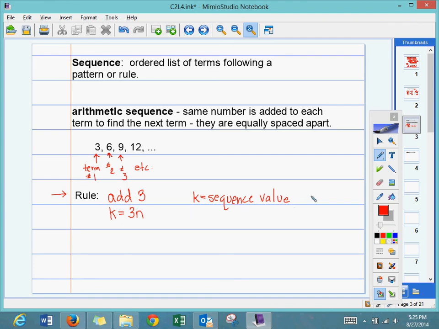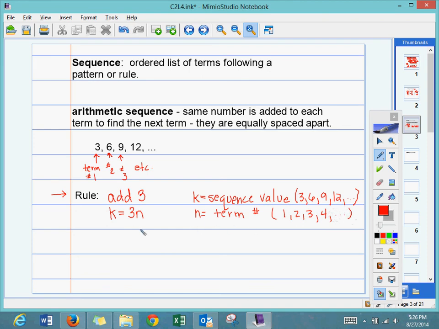That's the output. In our example, it would be 3, 6, 9, 12, and it continues. n is the term number. So what position does it occupy in the list? Those were 1, 2, 3, 4, etc.